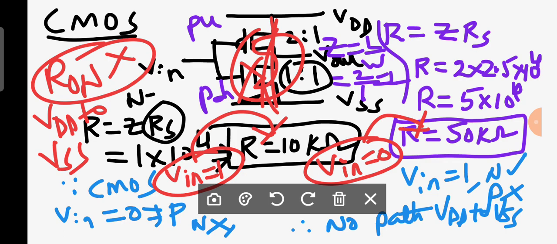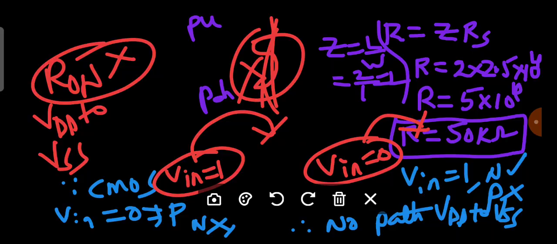But if the question asks what is the on resistance between VDD and VSS in a CMOS inverter, the very simple thing is there is no static current flow from VDD to VSS. That means we do not have any path from VDD to VSS. Therefore, we do not have any on resistance from VDD to VSS in this case.